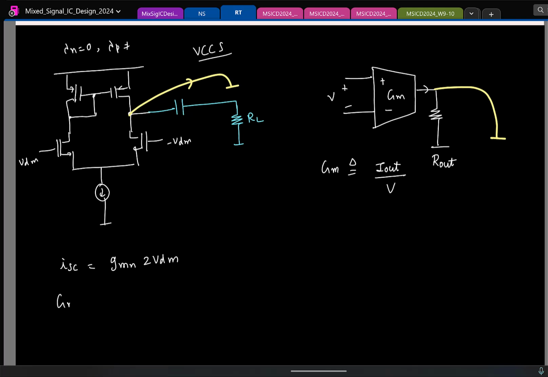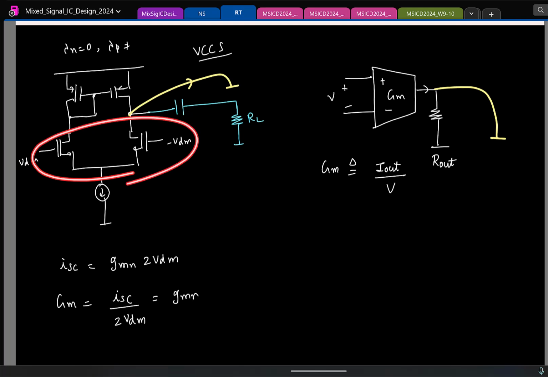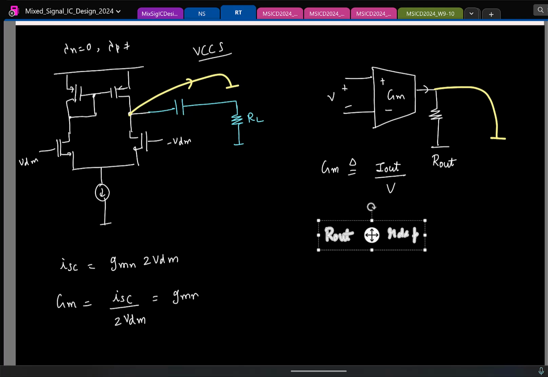So to find the GM here, I should take the short circuit current divided by the differential voltage you apply, which is 2 VDM. That is basically the GM of the NMOS. Shouldn't be surprising because this transistor is what is taking the voltage and converting it to current. It's not surprising, but just for the sake of completeness, I did that. And similarly, if you try to find the output resistance, we already saw this was basically the RDS of the PMOS.